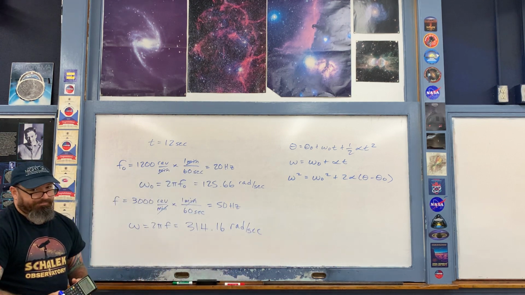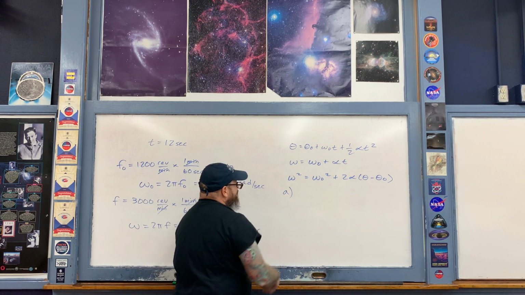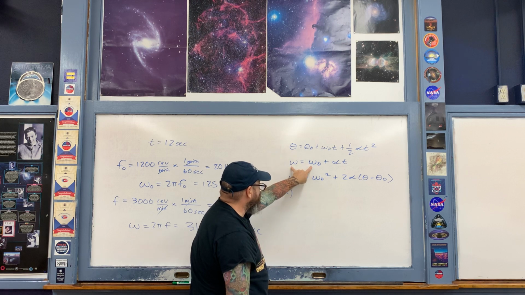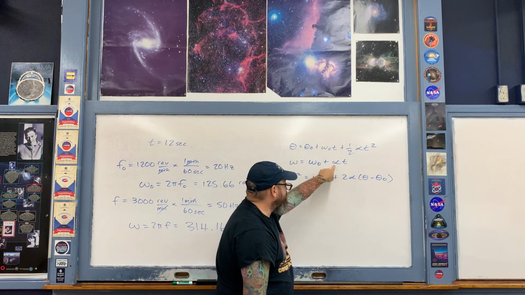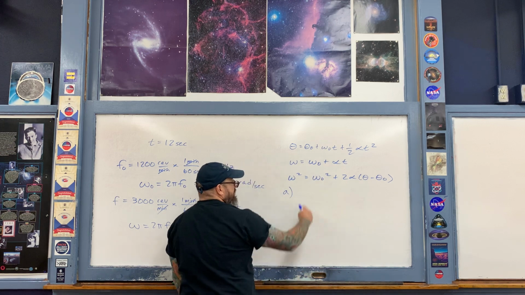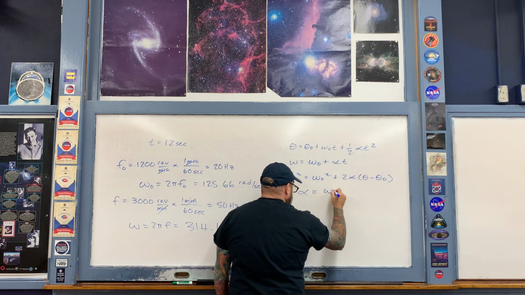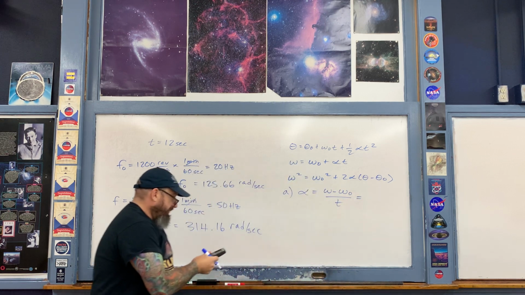Okay, now let's go ahead and actually do part A of the problem. In order to do part A of the problem, we'll use this second kinematics expression here because we do know what the two values of the angular velocities are, and the time is given. So just solve for alpha. Move omega naught to the other side, divide by t. You do the math here, and you end up with the following.